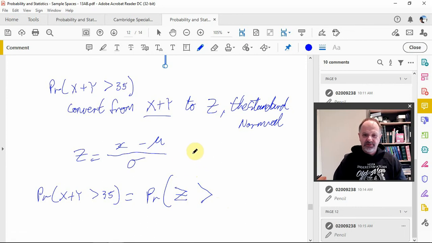And that's where we use this. Now, for our particular one, instead of x, what we've got is x plus y. Minus the mean, well, we need the mean, which is the expectation value of x plus y. And the standard deviation, well, in this case, we need the standard deviation of x plus y.